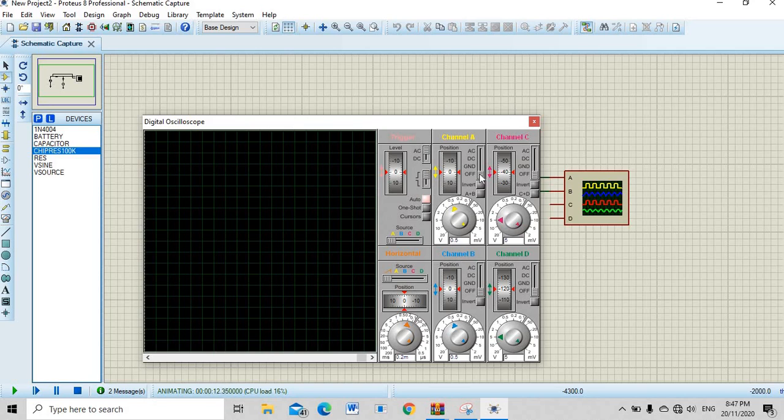We see the output of this circuit of figure 2.3. Time per div is 0.2 and volt per div is 0.5.